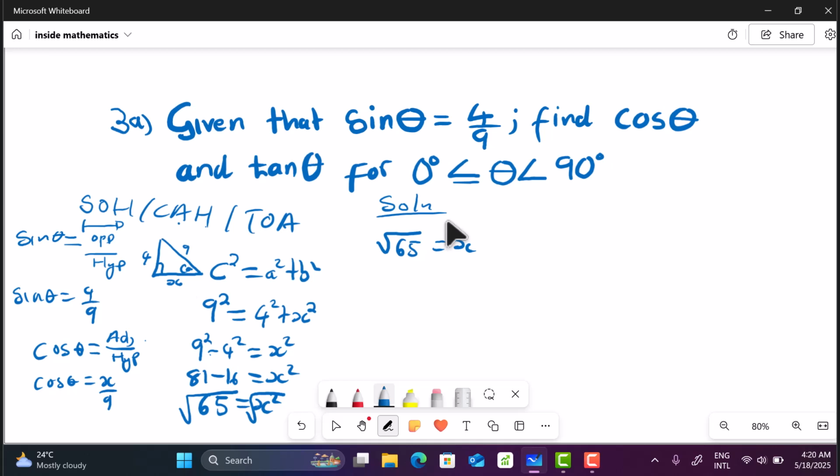So cos theta is adjacent over hypotenuse, and x represents the adjacent. So cos theta is root 65 over 9. We are done here.